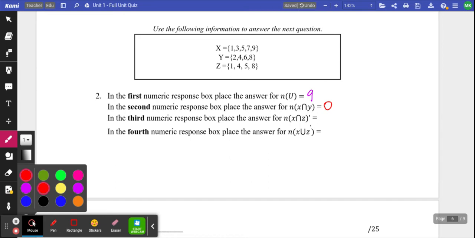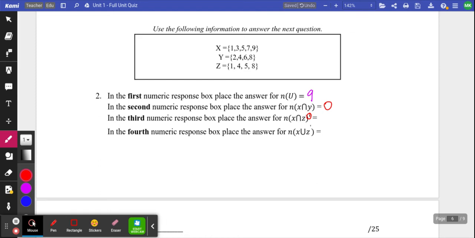Number 3, place the number of things not in x and z. So which numbers are not in x and in z?